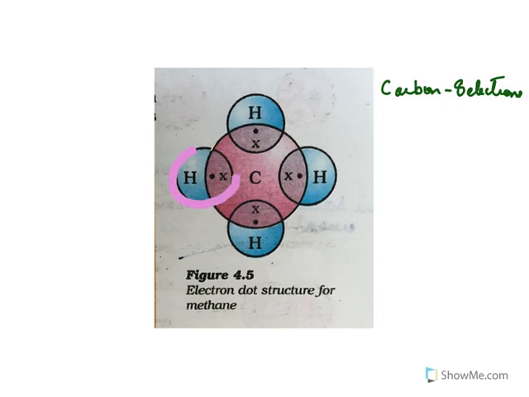Similarly, if you take each hydrogen, it has 2 kinds of electrons, 1 of carbon and 1 from hydrogen.